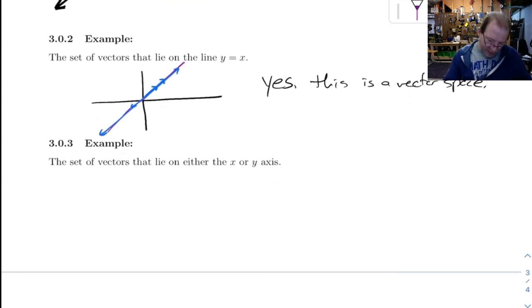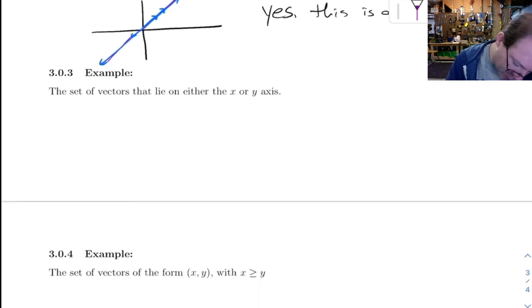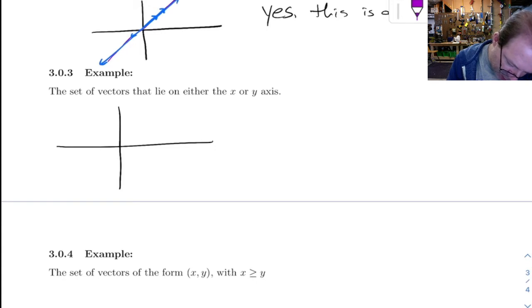Okay, what about these? The set of vectors that lie on either the x-axis or the y-axis. So that's going to be vectors like this, or like this.